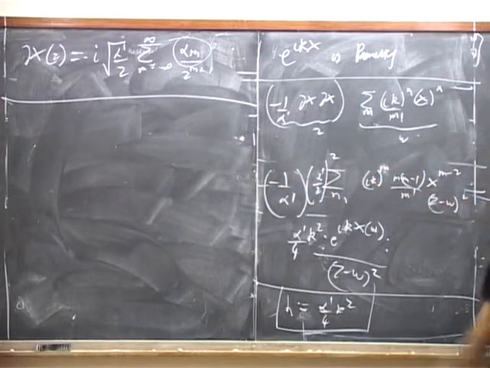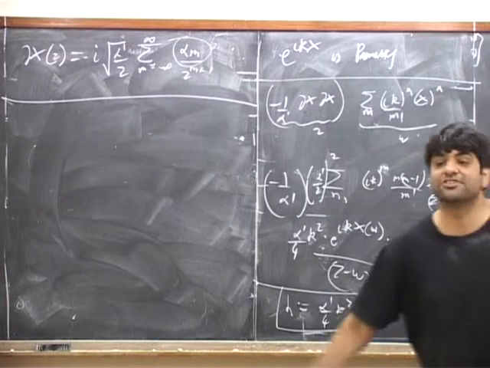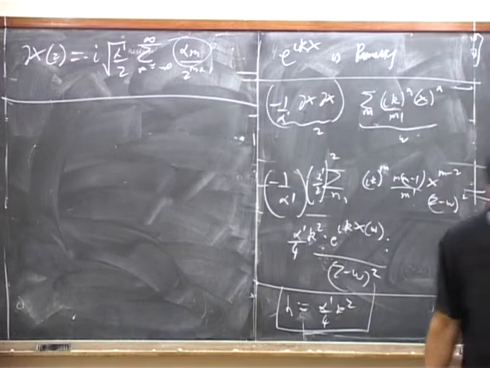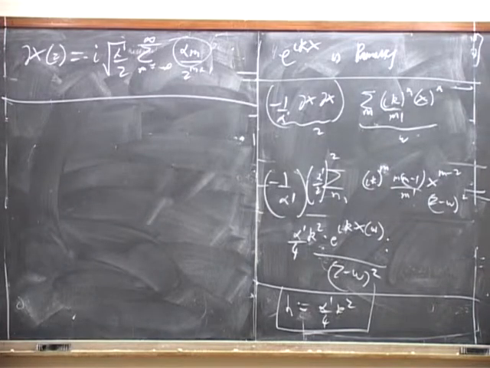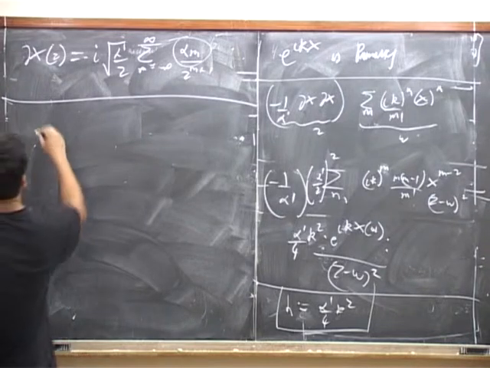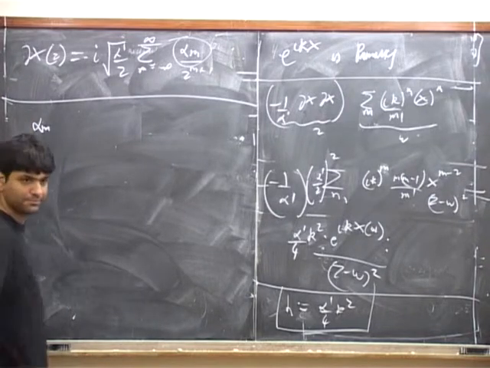Let's actually check directly that these commutation relations come out. How do we do that? We use the kind of calculations we used to derive the Minwalla solution. Remember what we want. So, suppose we want alpha m.